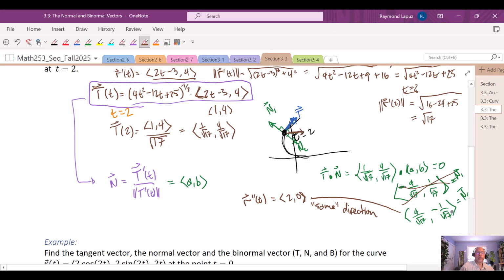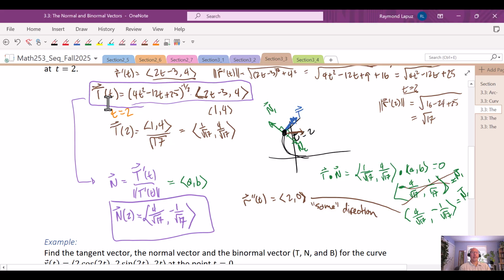So this is going to be our normal vector. Your normal vector at 2 in particular is going to be positive 4 over root 17 comma negative 1 over root 17. And then that's it. That would be your result.